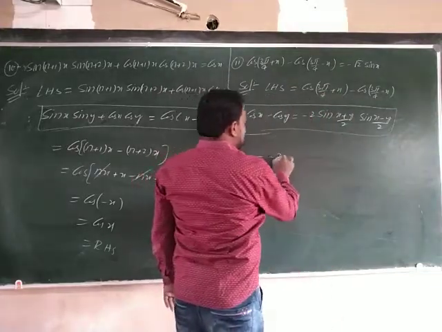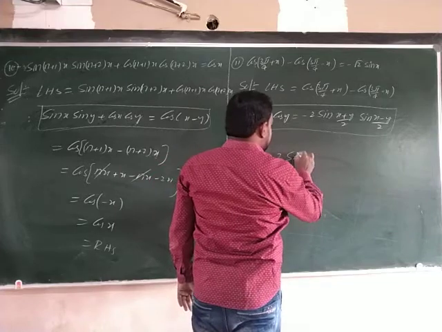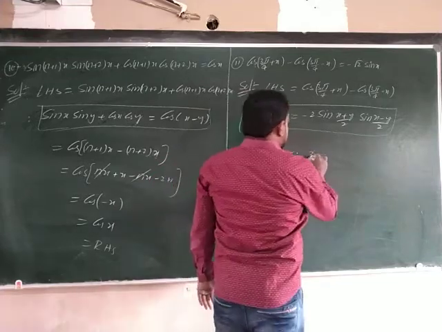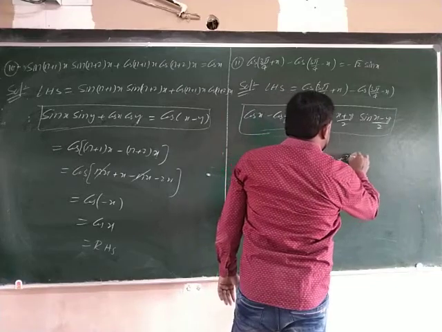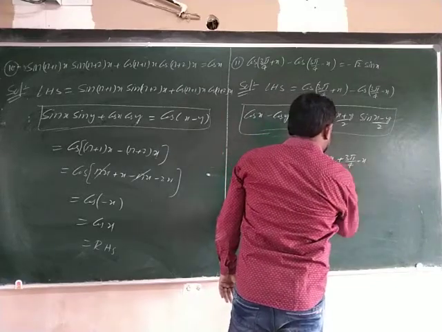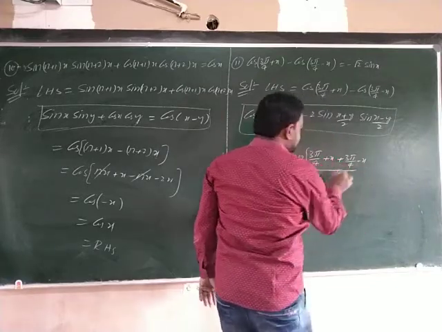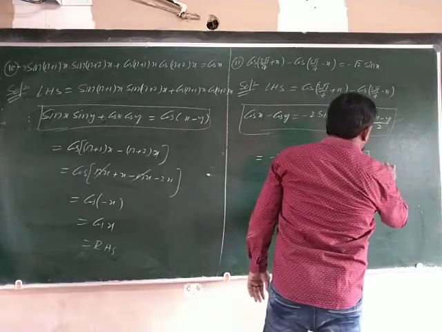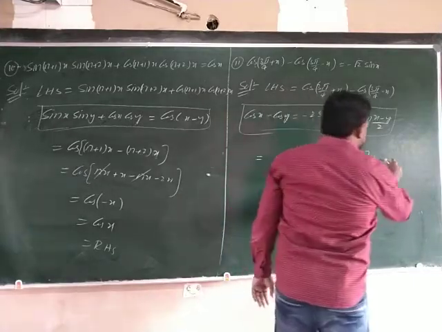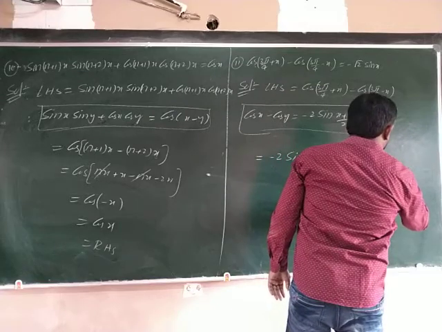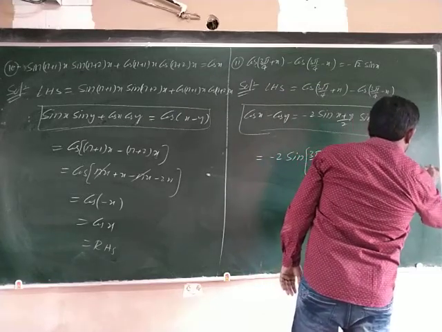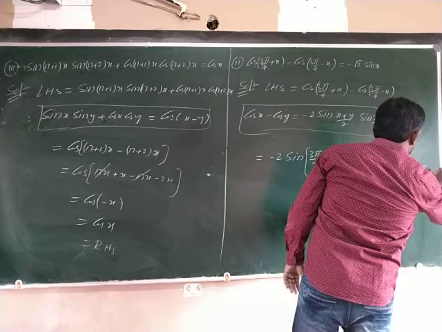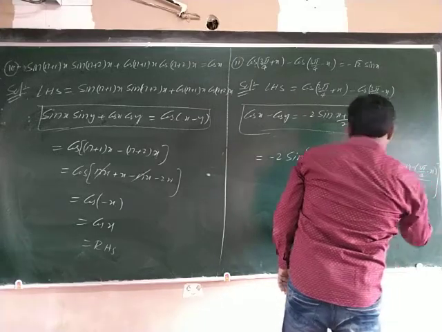So this is equal to minus 2 sin of x plus y, that is 3 pi by 4 plus x plus 3 pi by 4 minus x, by 2, into sin of x minus y, that is 3 pi by 4 plus x minus 3 pi by 4 minus x, by 2.